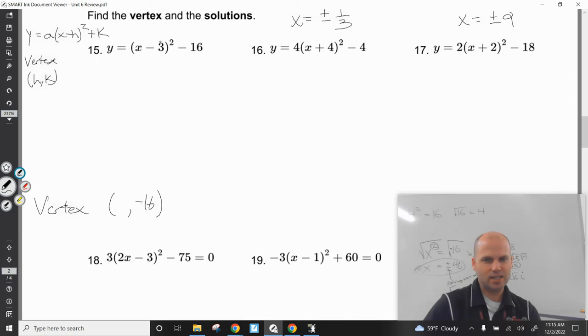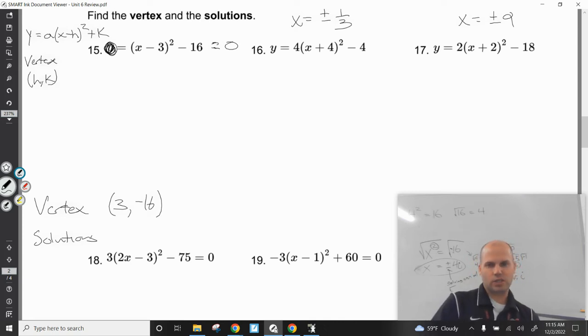The h is positive 3 because it's x minus h, and the vertex is 3. So it ends up being opposite. We shift to the right here. Okay. Now to find my solutions, how do you find the solutions? The solutions to the quadratic equation are when your quadratic equation equals 0, when y is 0. Now you can have it set up like this, or you could have it set up like that, where it's equal to 0 on the right side.